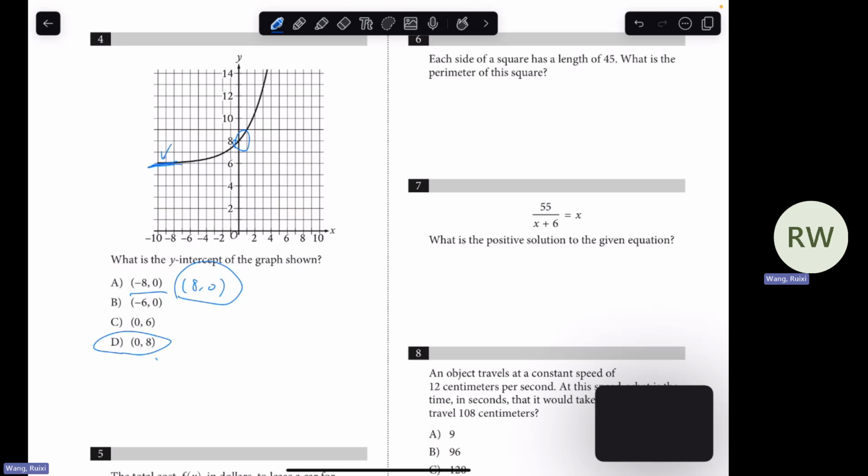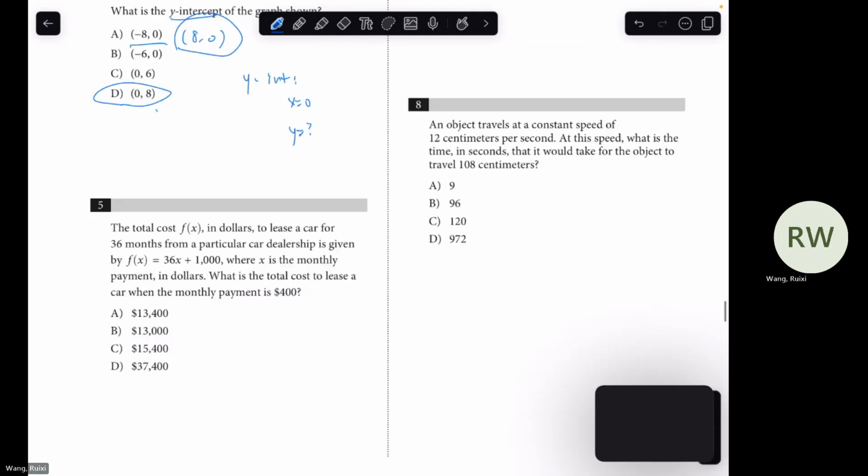But y-intercept is when x equals 0, the value of y, which is D. Plus the x coordinate of this point is indeed 0.